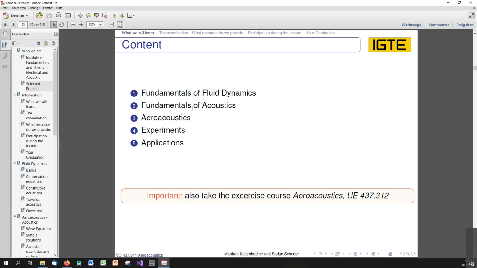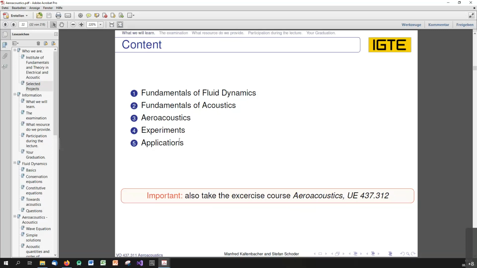So we plug in fluid dynamics and then propagate acoustics. This is then combined in the aeroacoustics section, and then we have the experimental section. But probably we will shift the aeroacoustics and the experimental approach, but I'm not sure yet.